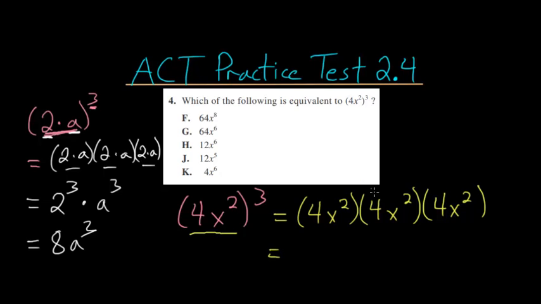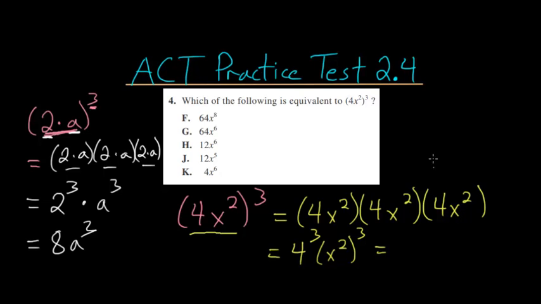And we have 4 multiplied by itself 3 times, so we can write that as 4 to the third. And we have this x squared multiplied by itself 3 times, so we can write that as x squared to the third power, or we can just simplify it, since x squared times x squared times x squared is just x to the 6th power.